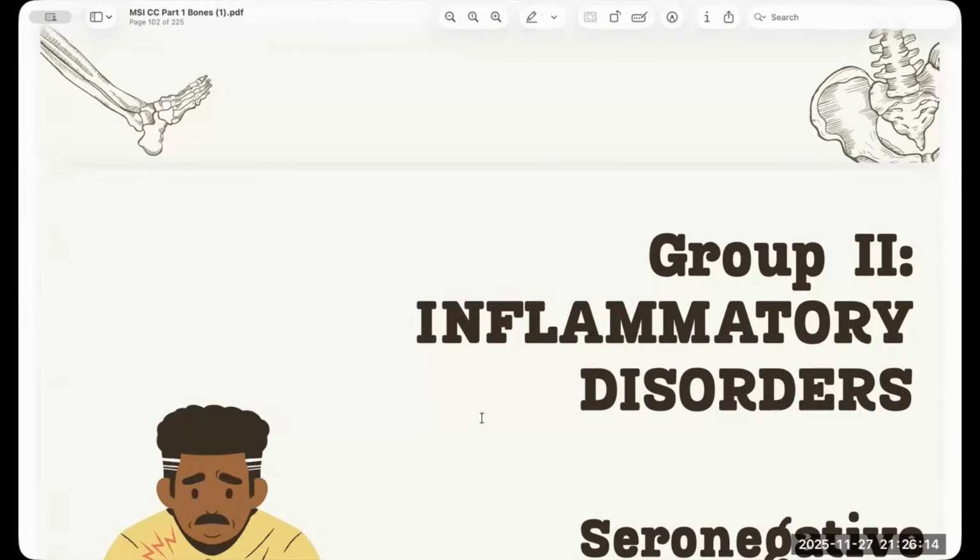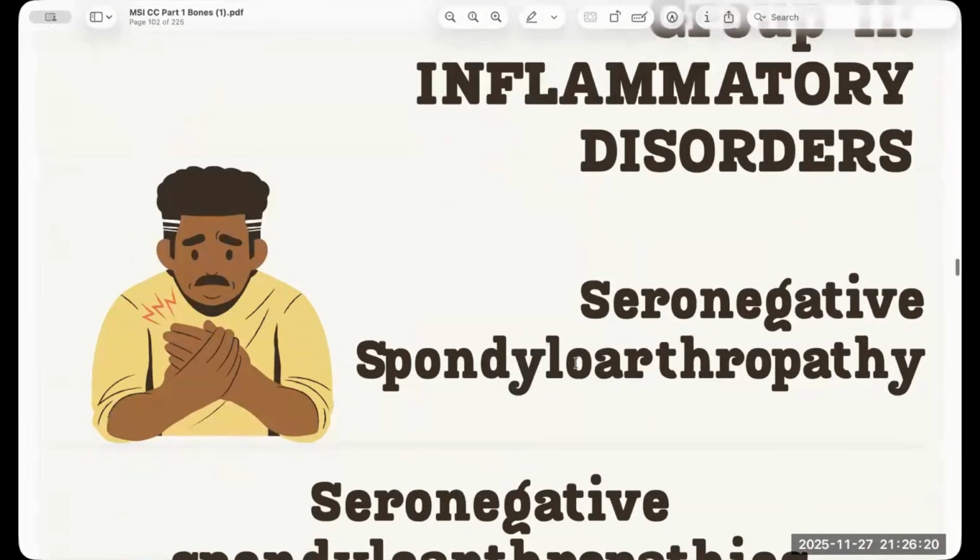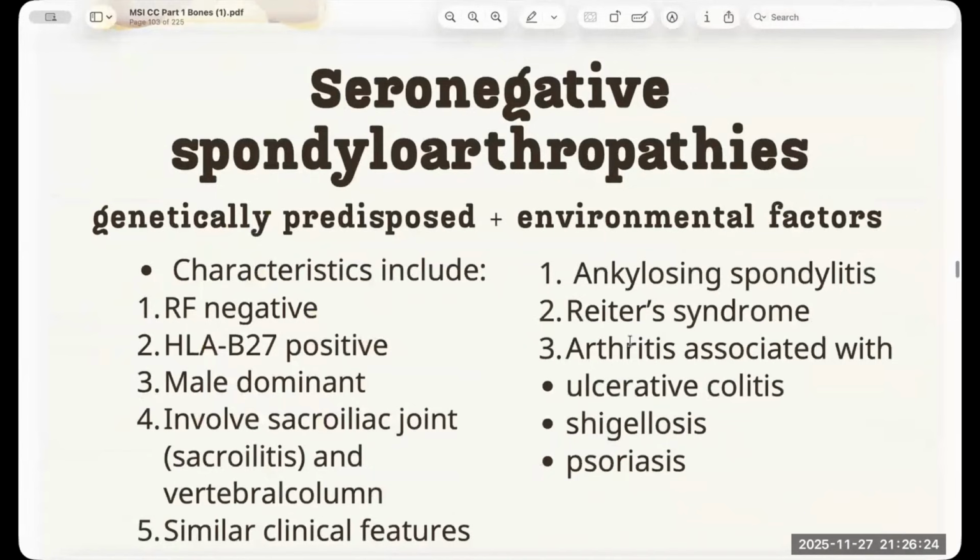So we finished the degenerative ones, starting with the seronegative spondyloarthropathy. Okay, what are those? They are a group of joint diseases that have genetic predisposition, plus environmental factors such as stress, infections, and so on.